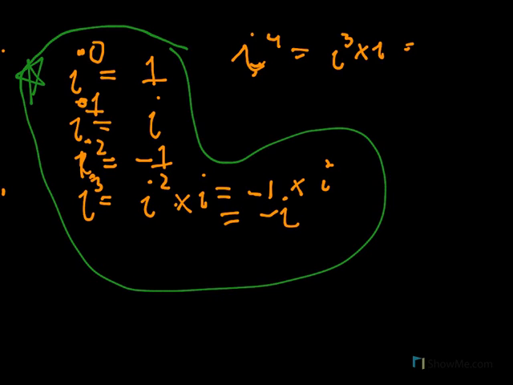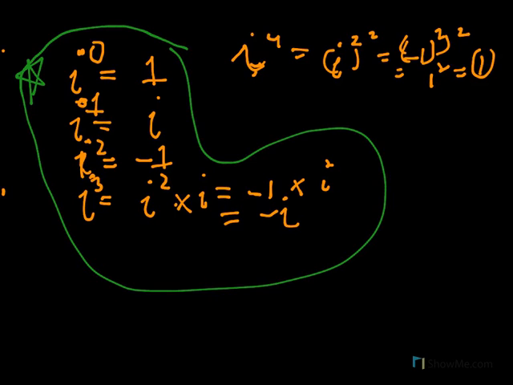This example goes a long way, so let me just take the short one. i raised to the power 4 can be i squared whole squared, which is minus 1 squared whole squared, which will be 1 squared, which will be 1.